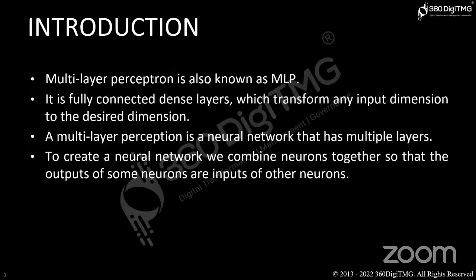It is also known as multi-layer perceptron, a fully connected dense layer which transforms any input dimensions to the desired dimension. It is a neural network that has multiple layers. To create a neural network, we combine neurons together. In our brain also there are neurons, and each and every neuron is connected.